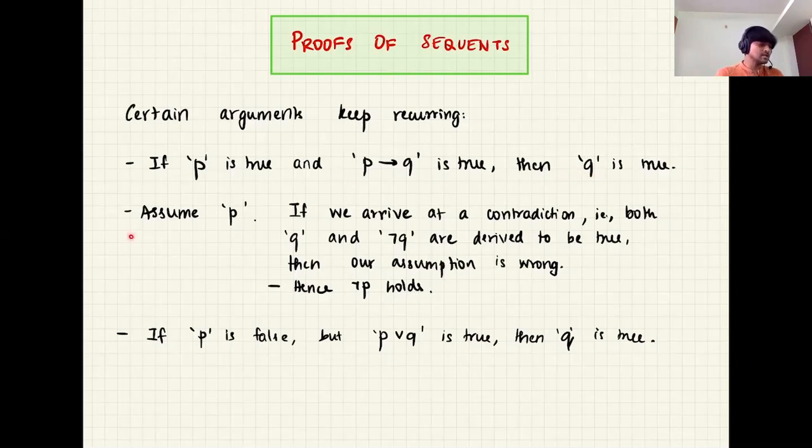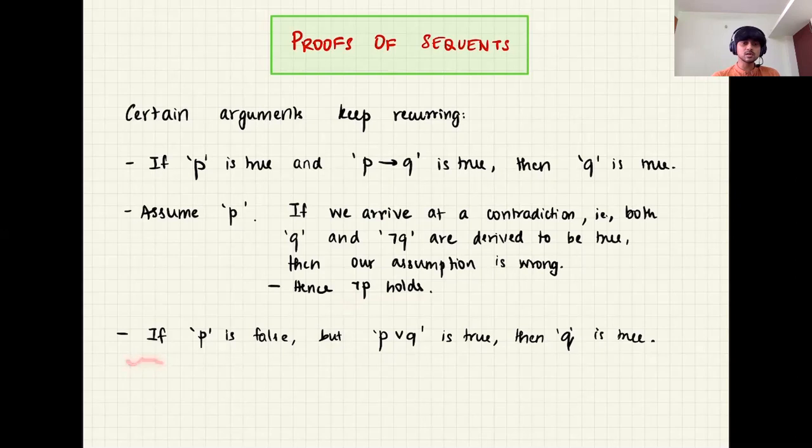Another thing we were using is, suppose we assume P, that is P equal to 1. And then we arrive at a contradiction. What is a contradiction? We were able to derive some Q as well as not Q. Then our assumption is wrong, which means we should be able to derive not P. This template we used on several occasions.